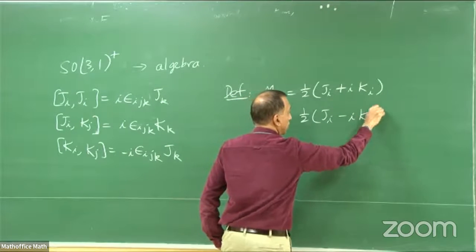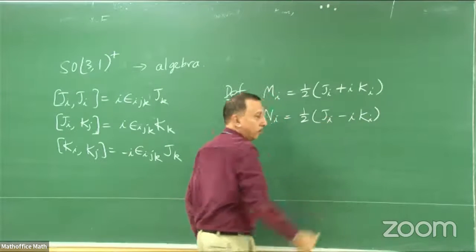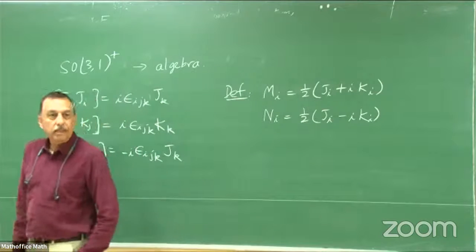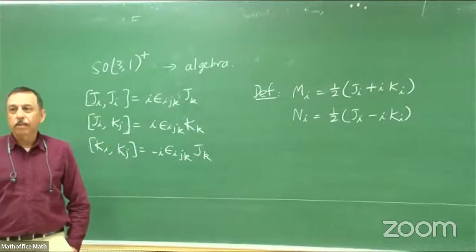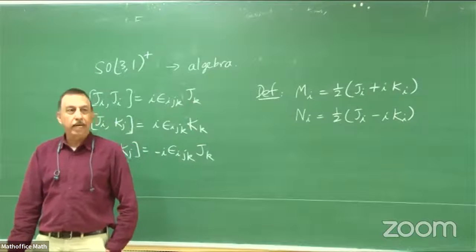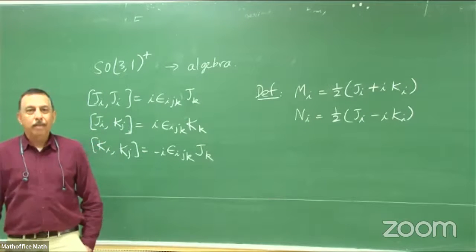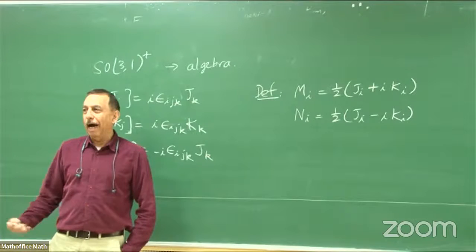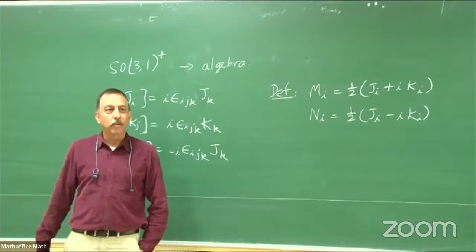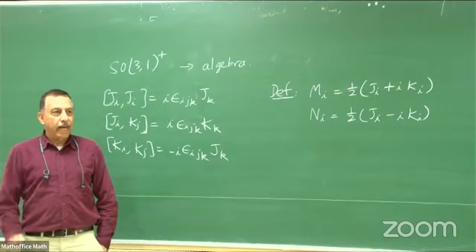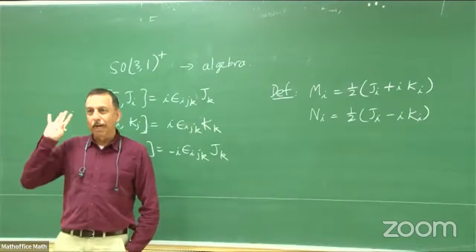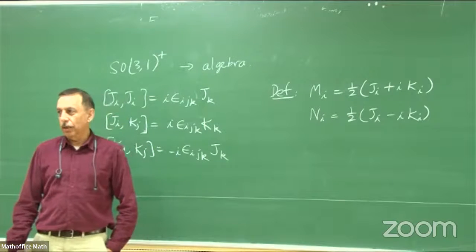If you remember the Pauli matrices, sigma 1, sigma 2, sigma 3, we often define sigma plus and sigma minus, which are sigma 1 plus and minus i sigma 2. But really, we are not supposed to bring in i into the whole thing because all the coefficients are real. So we can do it as long as we keep in mind a little carefully what we are doing.